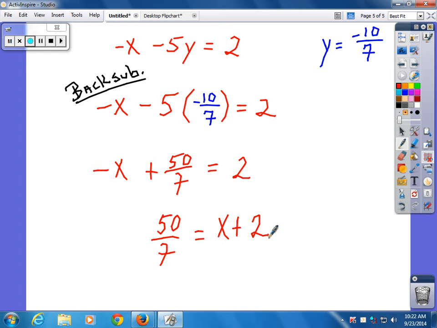Now what? Minus the 2, and that's minus 14 sevenths. So x is equal to, what's 50 minus 14? 36.